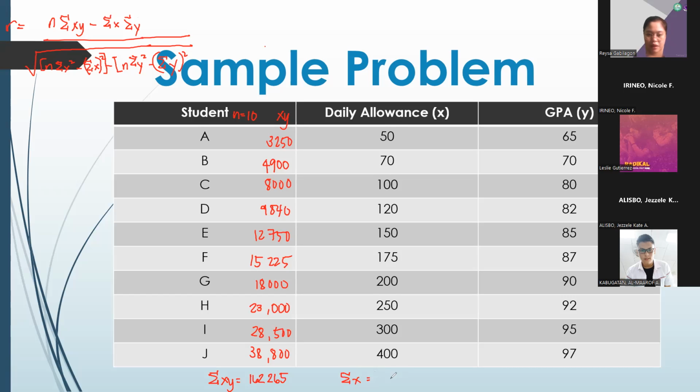So that's a total of 1,815. Let me know if I missed something sa pag-add ko. And then we have summation of Y. When you say summation of Y, you just have to add everything also for the GPA. So 65, 70, 80, 82, wait lang.